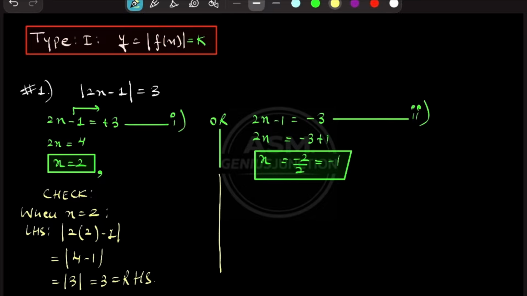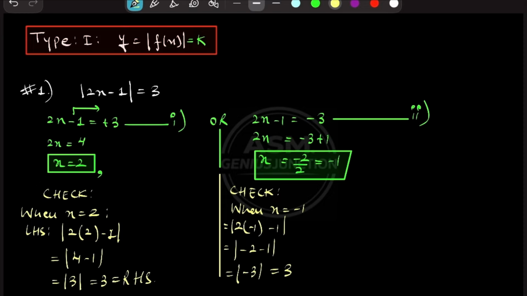In exactly the same way, I will check for the x equals minus 1 answer. When x is minus 1, on the left hand side we get mod of 2 times minus 1 minus 1, that is modulus of minus 2 minus 1, modulus of minus 3, that is 3, which is again the RHS.